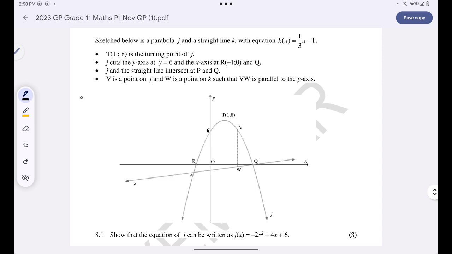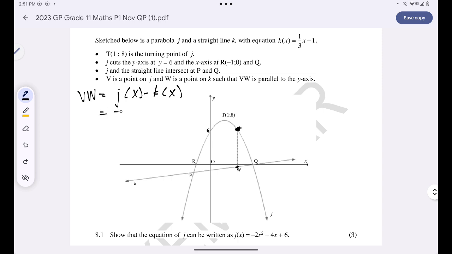I'll simply say the distance of line VW will be given by the top graph minus the bottom graph. If you can check here at VW, J of x is above K of x. That's why I'm saying top minus bottom.